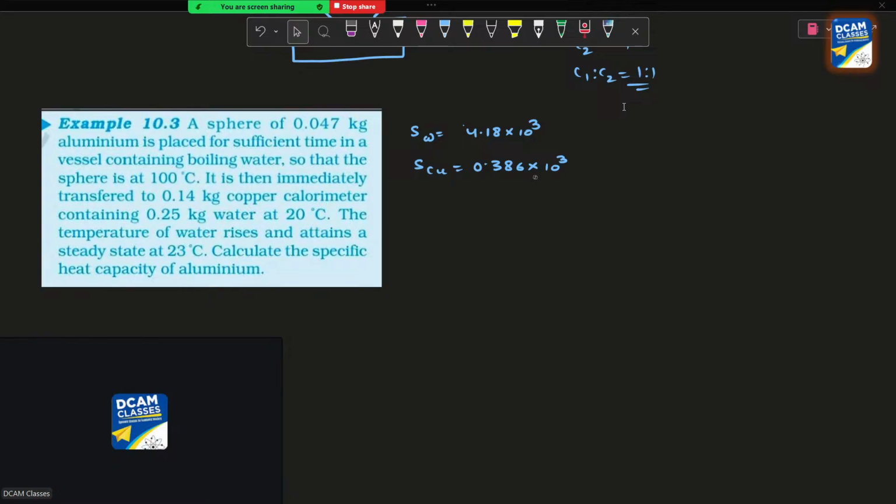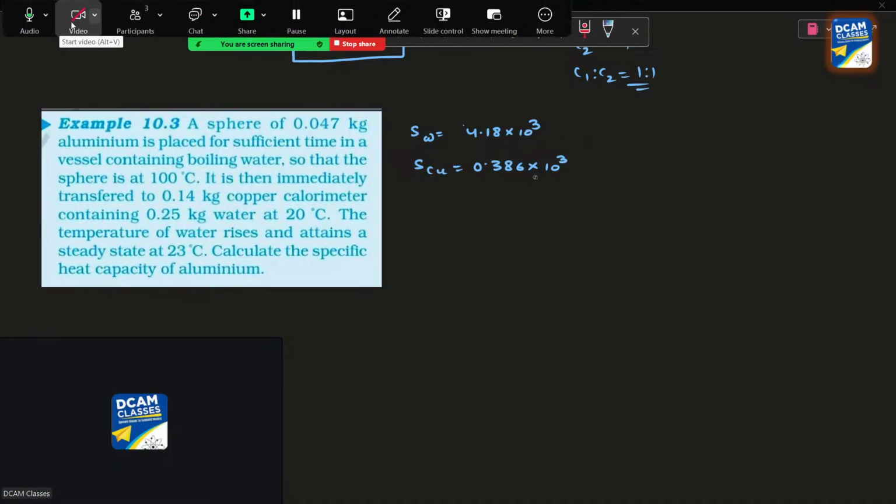Then have you given in kilojoule or joule? It's in joule only. Then I got 9.1 into 10 to the power 3 joules. Hmm.